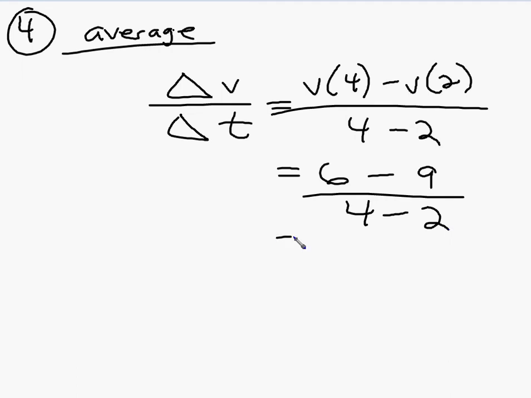So you have negative 3/2. That is my numerical answer, but didn't it say that we needed a unit? Well, acceleration would be feet per second squared. And that's something that's convenient from physics.